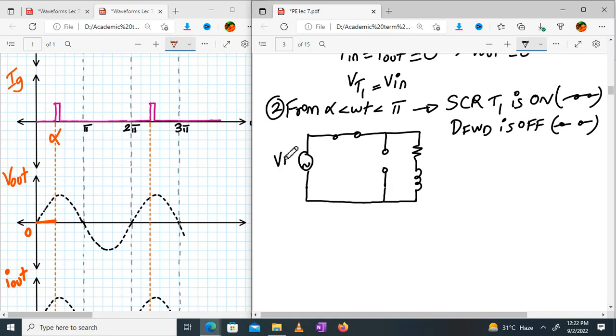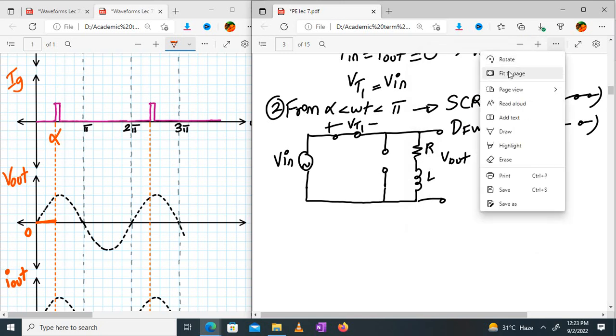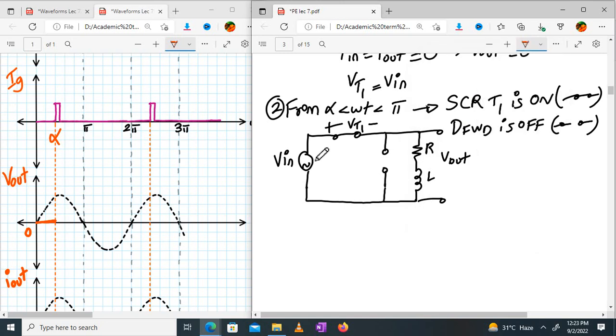This is my V in, this is my voltage across the SCR when it is on, right? This is R and this is L, and that's my V out. Now tell me, will current flow in the circuit? Will my input current be the same as my output current? Yes, it is a single loop, all in series, so the same current will be flowing over here, right?